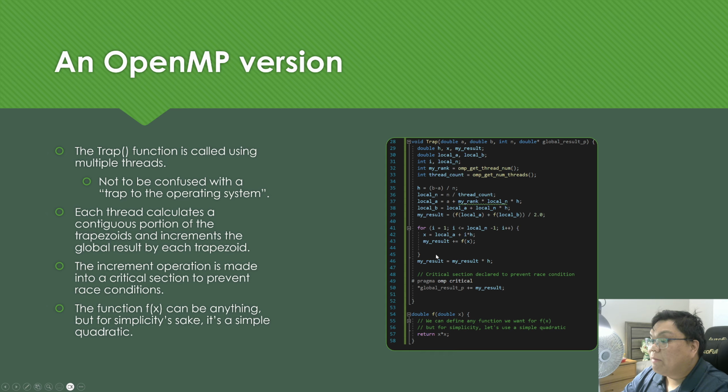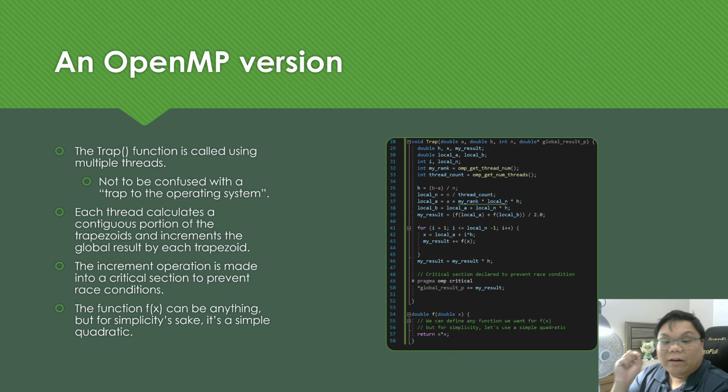We're going to increment my_result by f of x, where x is going to be local_a plus some number of widths away from endpoint a. So we have this local my_result, and then we multiply that by h. But at the end, we need to add that to the global result.